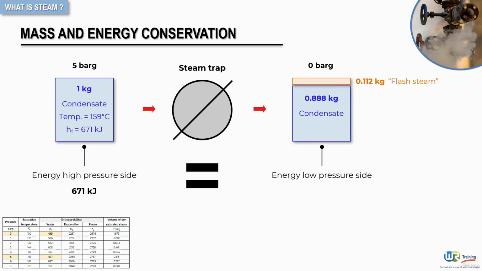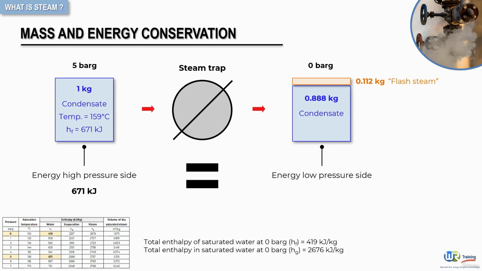The steam tables give the following information. The total enthalpy of saturated water at atmospheric pressure is 419 kJ per kilogram, and the total enthalpy in saturated steam at atmospheric pressure is 2675 kJ per kilogram.